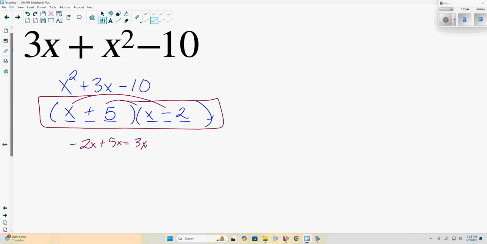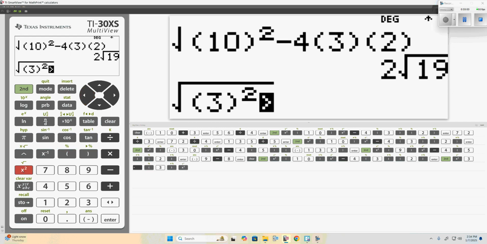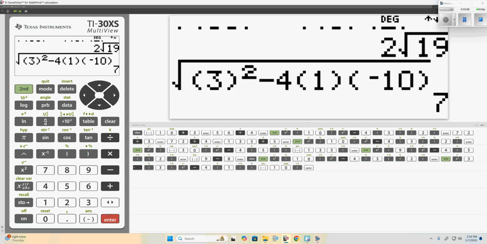Because here, if we wanted to check this one, it'd be the square root of b squared, 3 squared, minus 4 times a times c, which is 7.